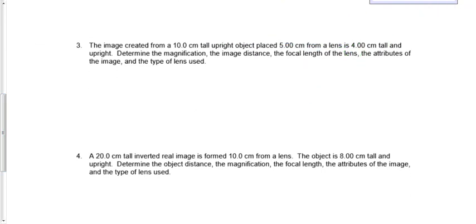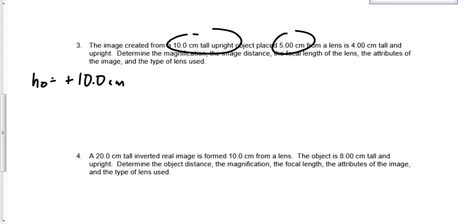Example 3. The image created from a 10 centimeter tall upright object. That will be HO. HO is upright, it's positive. It's placed 5 centimeters from a lens. That's going to be DO. And DO is always positive, 5 for us.